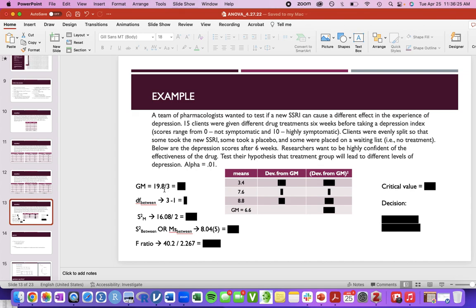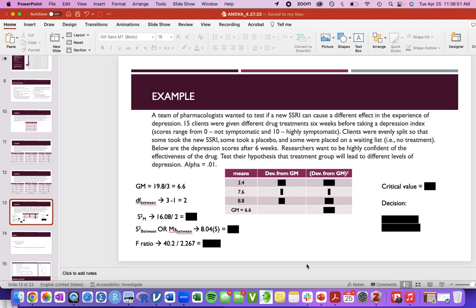So over here, oh, I already gave you the answer. We have all of our means lined up over here. We're going to add it up, divide it by 3, and we get 6.6 for our grand mean. Then over here, for our DF between, we have 3 groups minus 1, which equals 2.